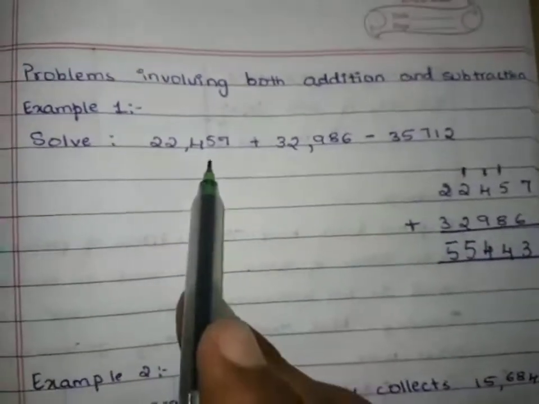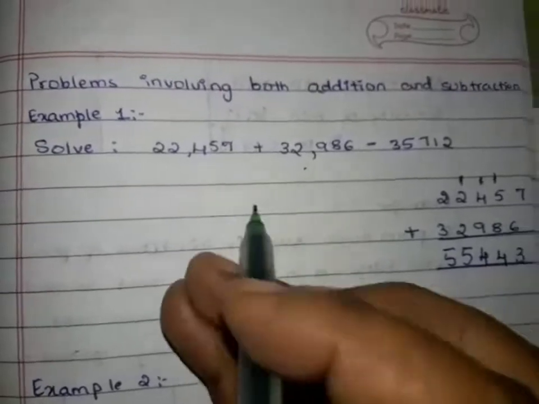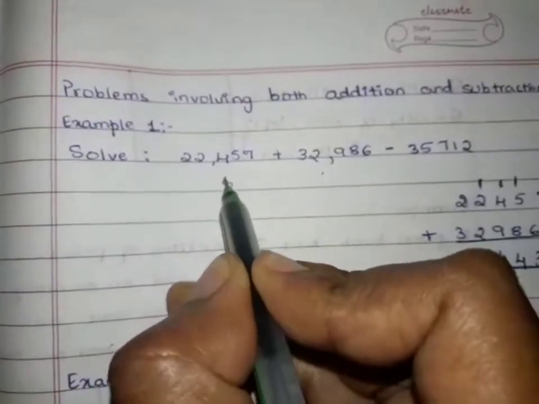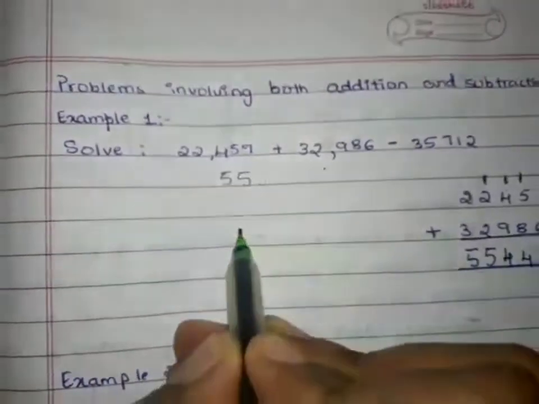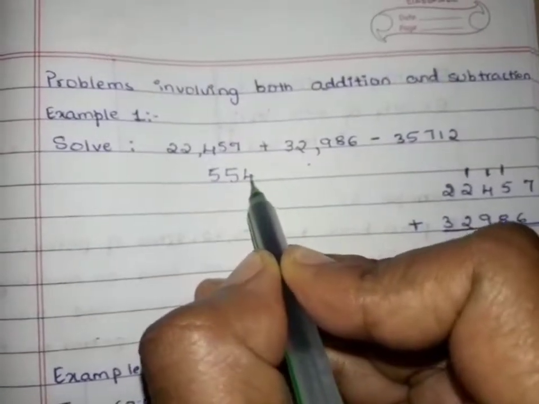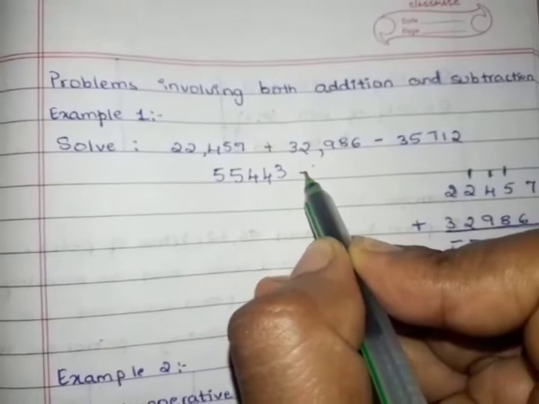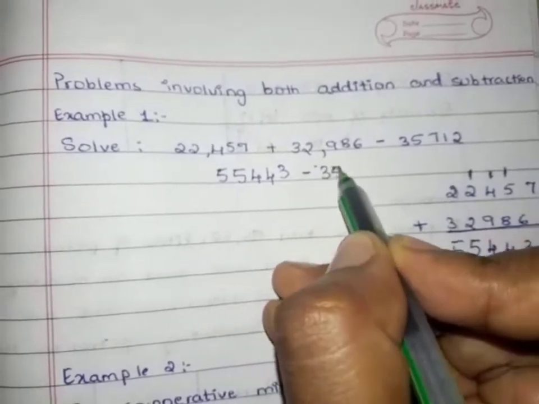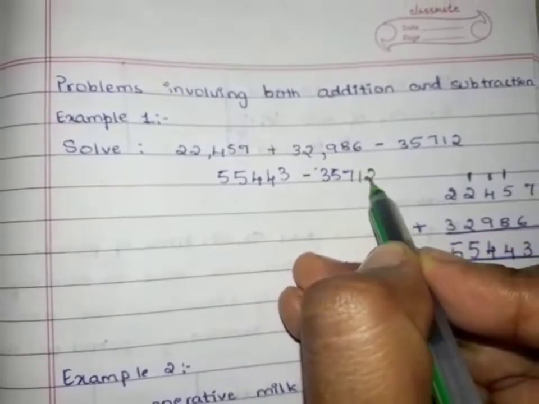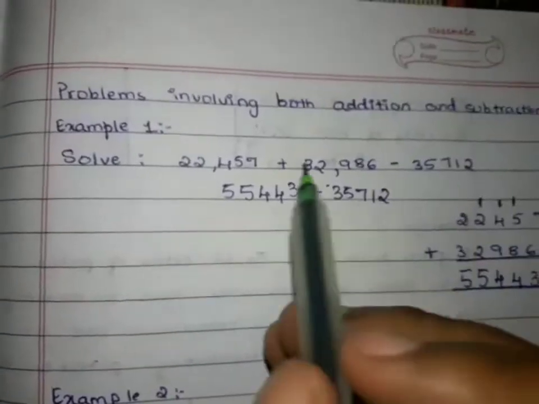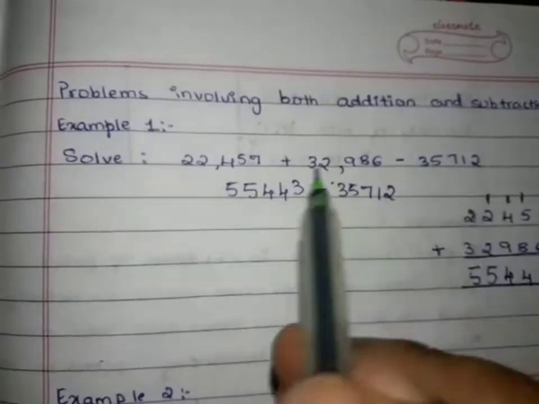So when we add the given two numbers, we get the answer to be 55,443. Now with this we have to subtract 35,712. Okay. So if a problem is given like this, first what should we do?